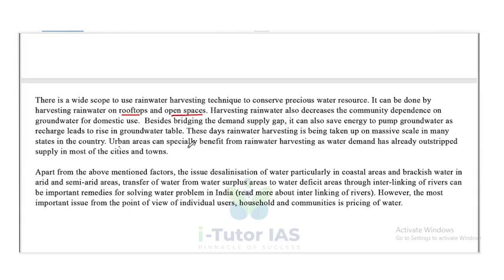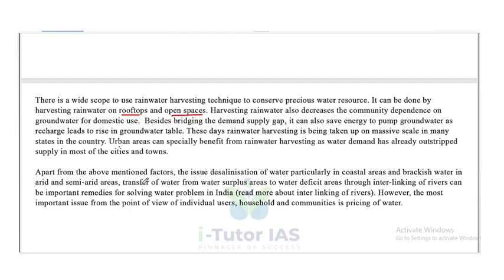Urban areas can specifically benefit from rainwater harvesting as water demand has already outstripped supply in most of the cities and towns. Apart from the above mentioned factors, desalination of water, particularly in coastal areas, and brackish water in arid and semi-arid areas, and transfer of water from water surplus areas to water deficient areas through interlinking of rivers can be important remedies for solving water problems in India.